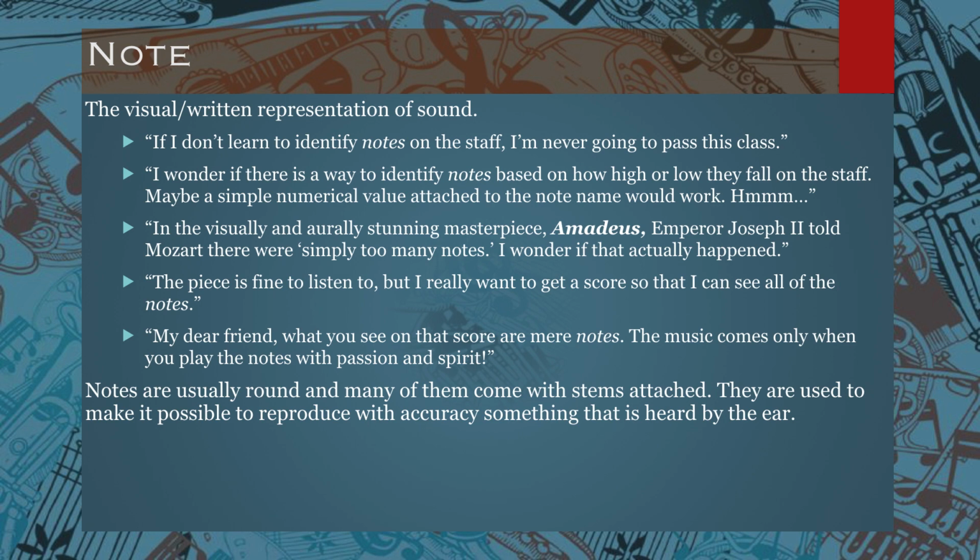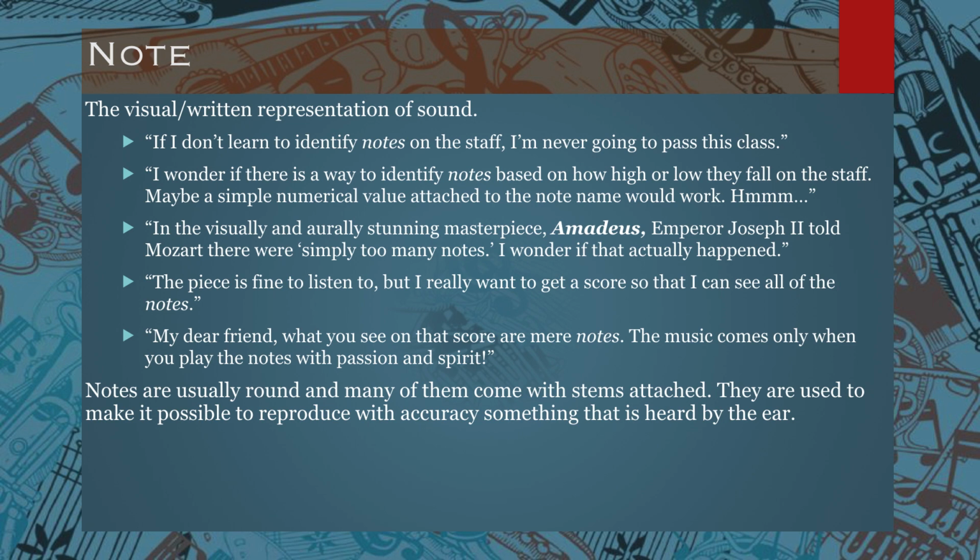A pitch does make a sound. So I'm introducing the terms note and pitch at the same time right now because they're two sides of the same coin. But you need to know that a note in a very technical manner means the visual or written representation of sound. It's just what you see on a piece of sheet music.